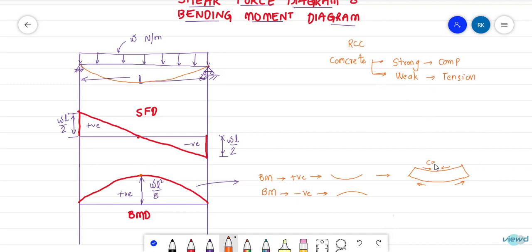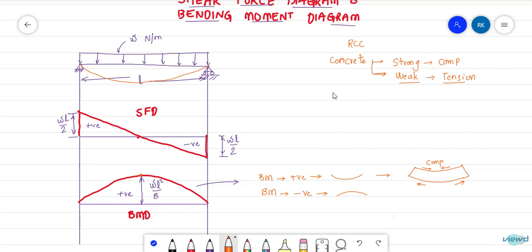Compression means upside. In this case, the beam compresses on the top side. Concrete is strong in compression, so it can resist the compressive stresses. But it is weak in tension. Weak in tension means the bottom layers are under tension, and concrete cannot resist it.